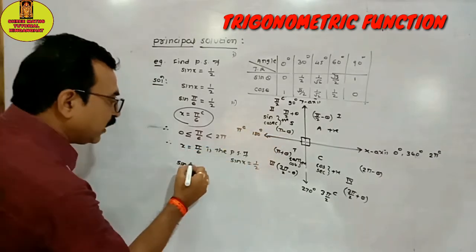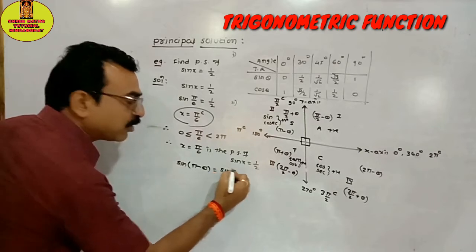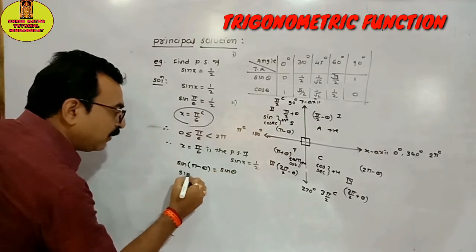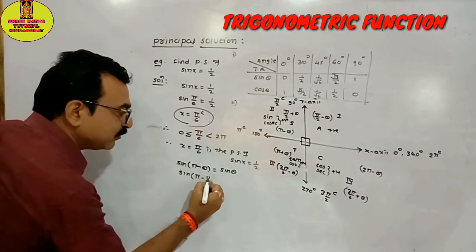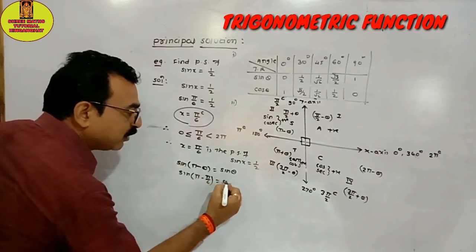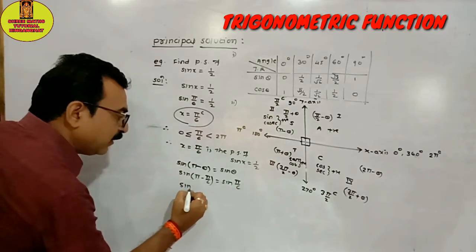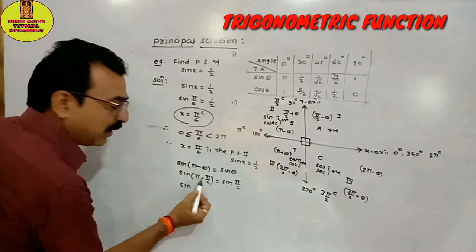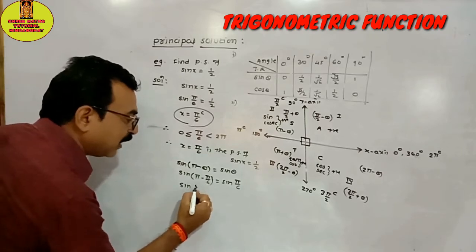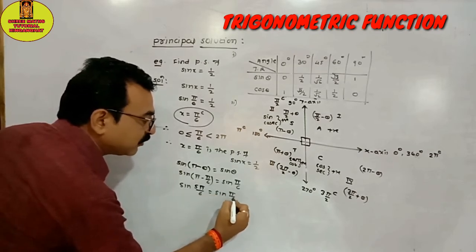Okay, so sin pi minus theta means sin theta. So sin of pi minus theta, theta means pi by 6. By performing cross multiplication, 6 into pi means 6 pi minus 1 pi, 6 pi minus 1 pi means 5 pi by 6 is equal to sin pi by 6.